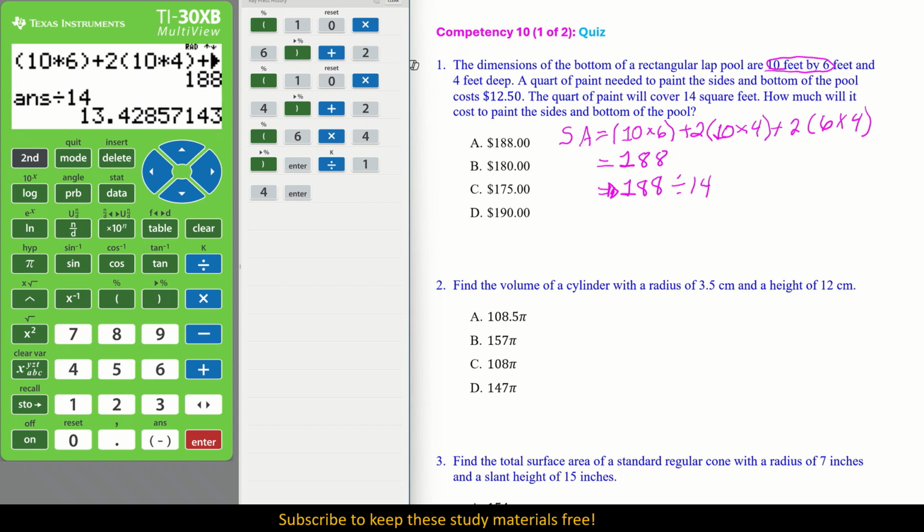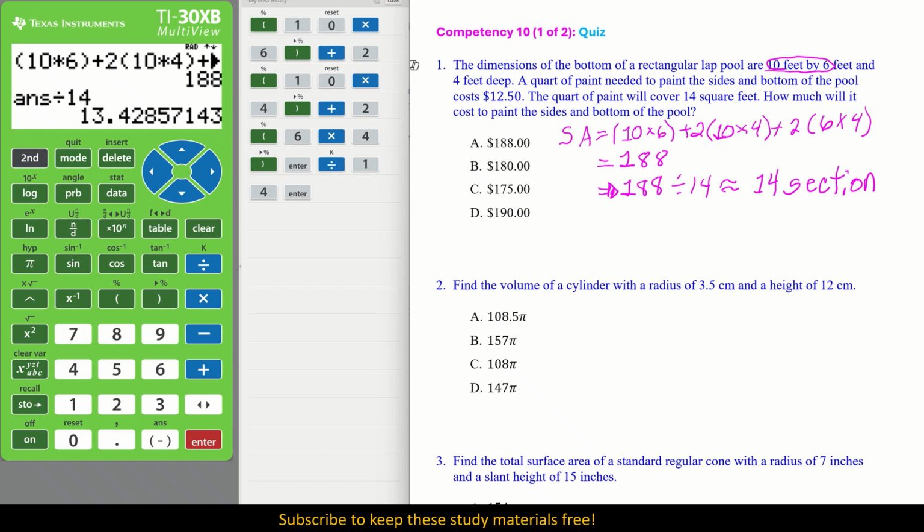No. This implies that we need to round up, and it will be approximately 14 sections. We need to say it's 14 because we're going to have to buy the can of paint whether we like it or not. If we don't buy the 14th can, we're going to have a hunk of the pool that didn't get painted.